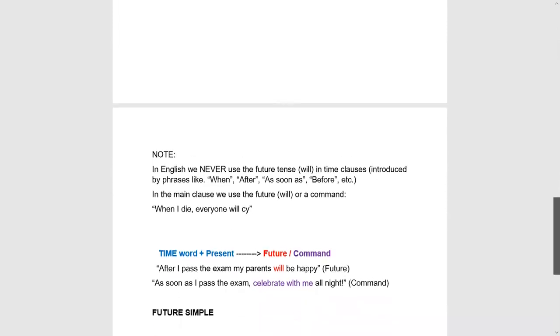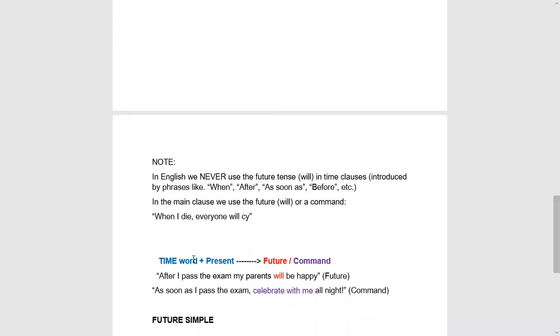Let's see another example. Time word plus present, then future or command. So in the first sentence, after I pass the exam, future, my parents will be happy. Again, as soon as I pass the exam, command, celebrate with me all night.